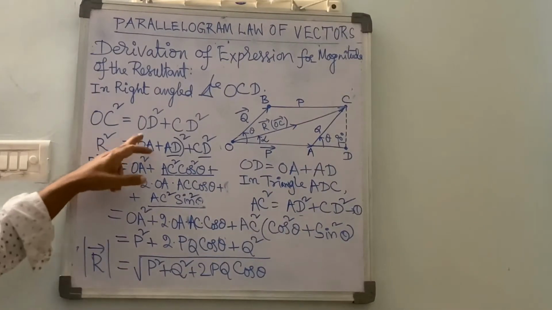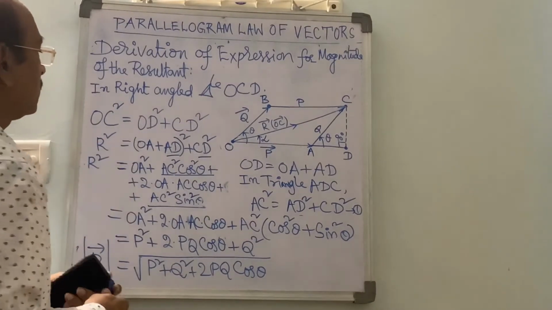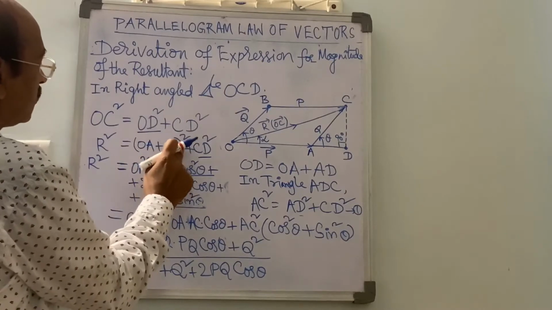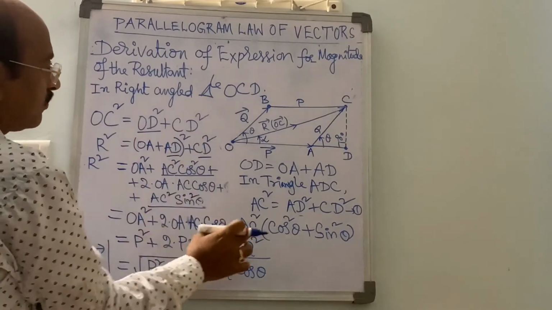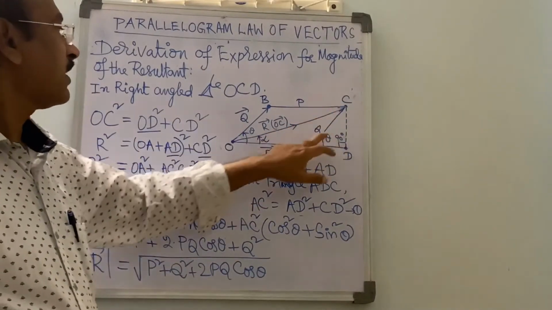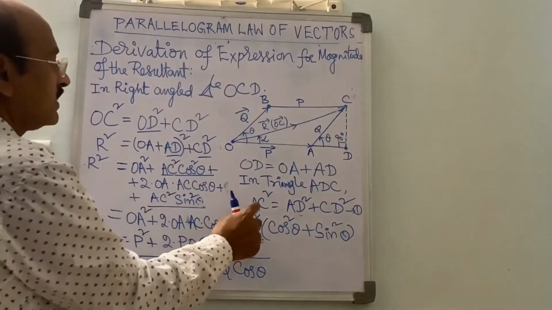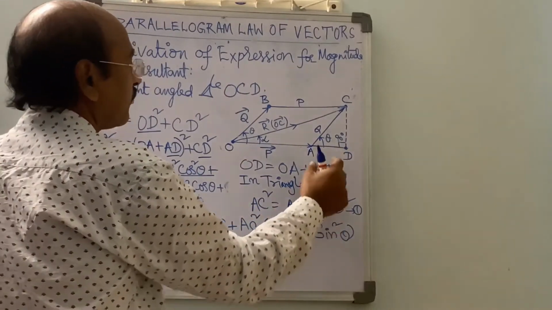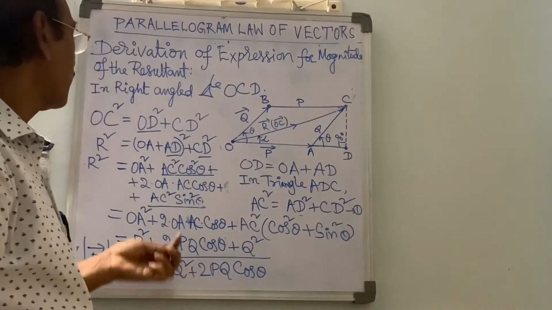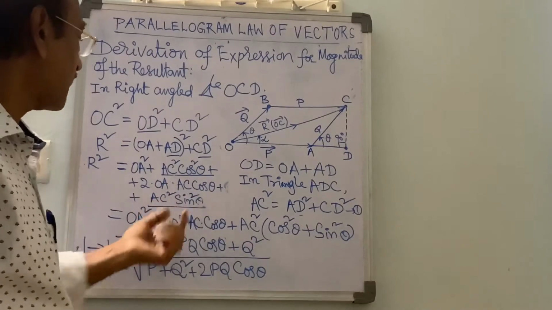Therefore R square is equal to OA plus AD whole square plus CD square. But in this small right angle triangle ADC, AC square equals AD square plus CD square, and cos theta, sin theta values by using AD is equal to AC cos theta and CD equal to AC sin theta.